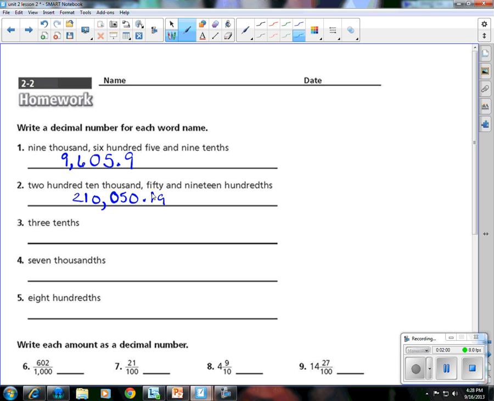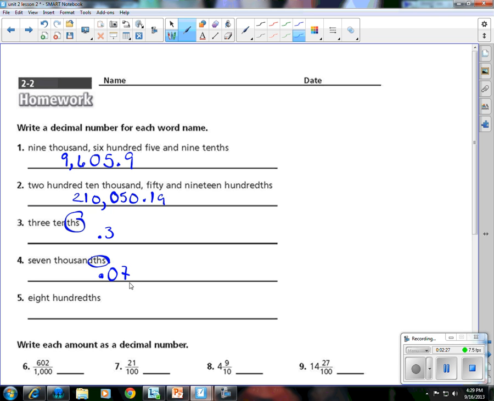Make sure it's in the hundreds place. 3/10ths. The "ths" tells me it's after the decimal, so 3/10ths. 7,000ths. Again, it tells me it's after the decimal. That THS piece tells me it's after. So 7,000ths, 0 in the tenths place, 7 into the thousands place.